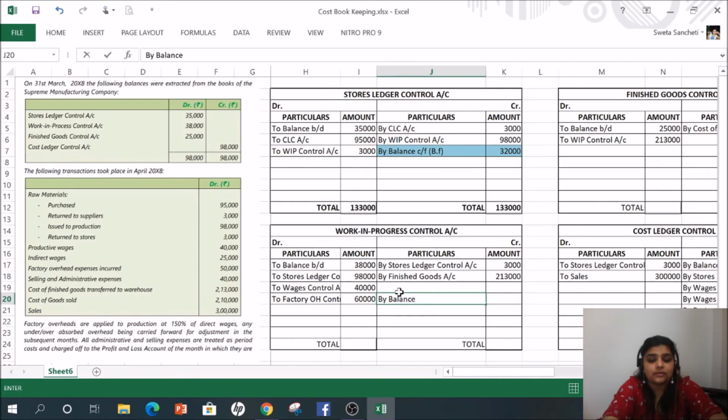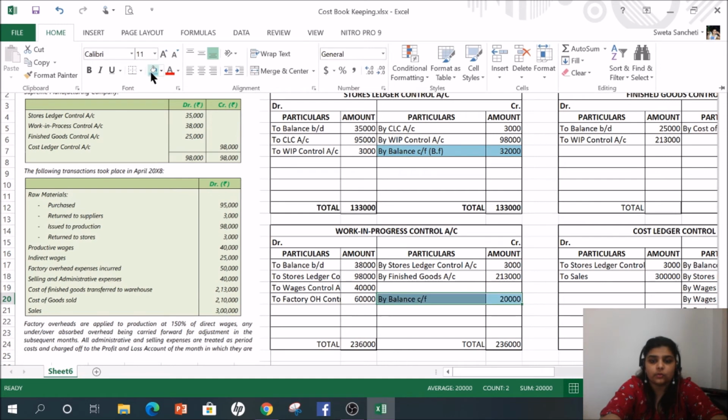So balance carried forward would be this minus this minus this, that is 20,000. This is my closing balance of WIP.